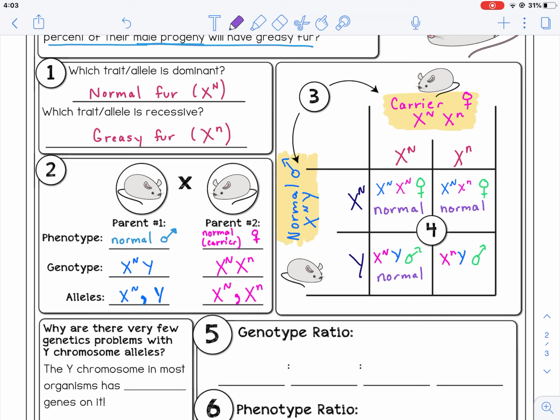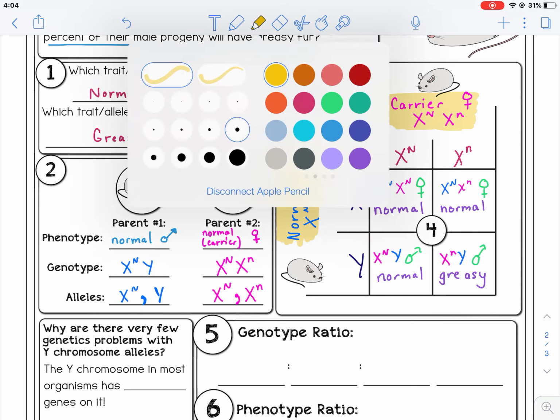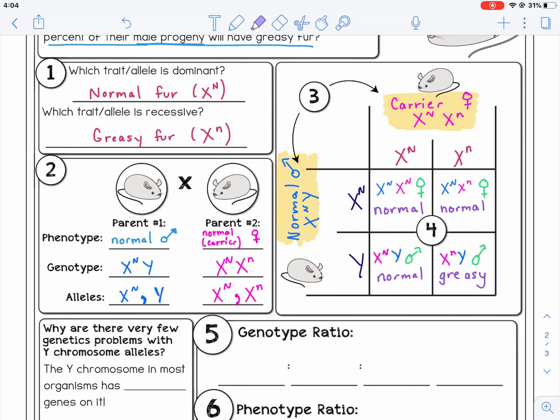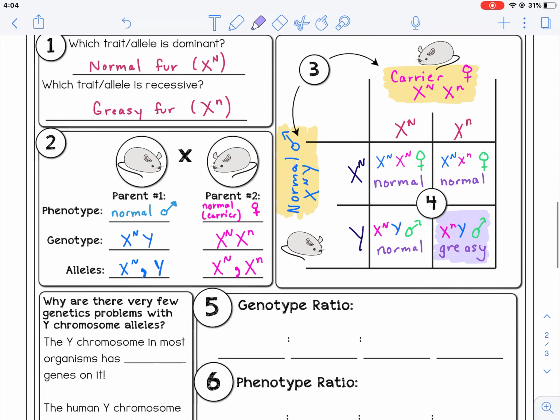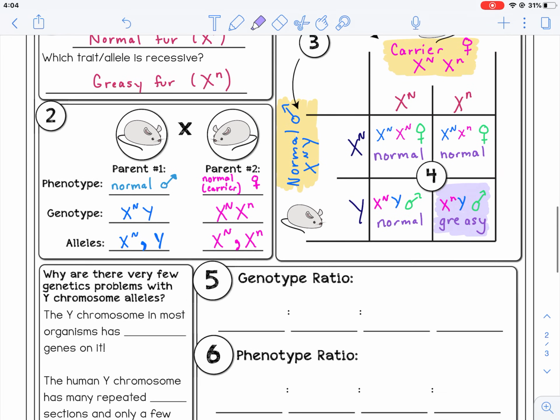And on that X chromosome, he has the recessive allele, a little n, which means he is going to have greasy fur. So one of the four boxes represents greasy furred offspring.